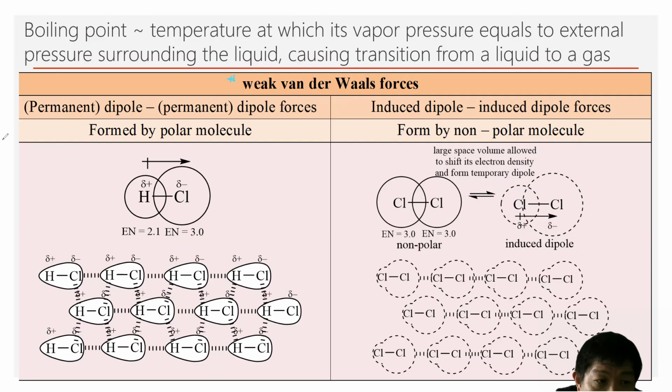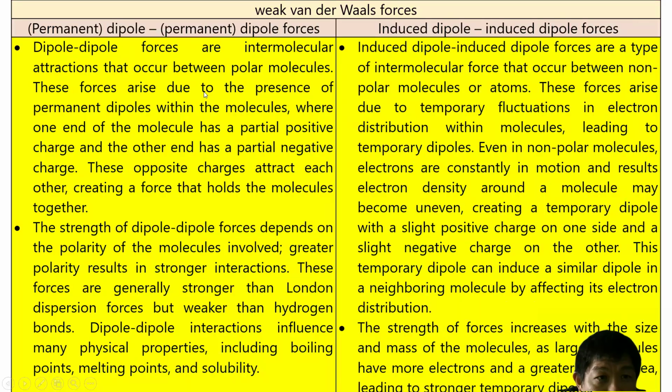All right. Now we are going to have a look at the factors that influence these weak van der Waals forces. These are the descriptions which I already mentioned just now, where dipole forces are intermolecular forces of attraction that occur between polar molecules. So they interact from one partial positive to one partial negative, as I've mentioned.